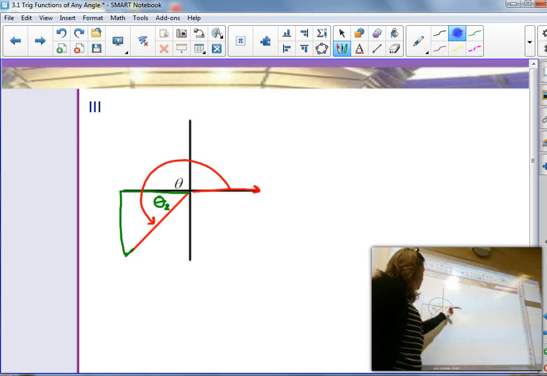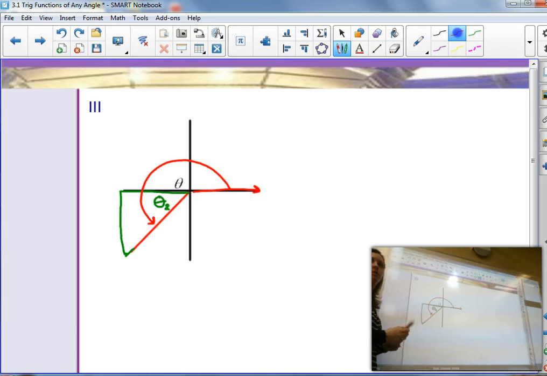So this is a big angle, right? Remember, angles are rotations. So we start here, and we rotate all the way around to here. But in order to find the sine, cosine, and tangent of that giant angle that I've just created, we draw the right triangle to the x-axis, and then my reference angle is there.